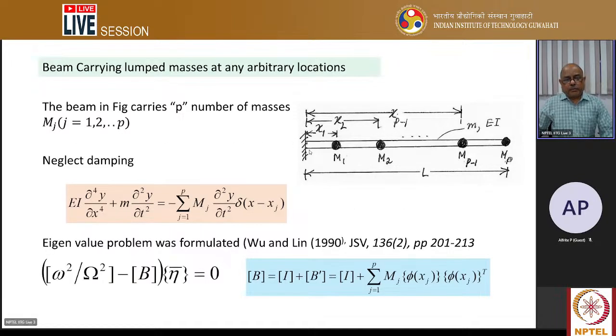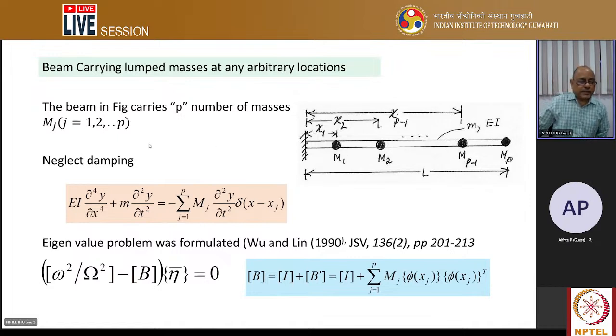So a beam carries a number of concentrated masses, say M1, M2, up to MP, at arbitrary locations. M1 is situated at x1, M2 is situated at x2, like that.